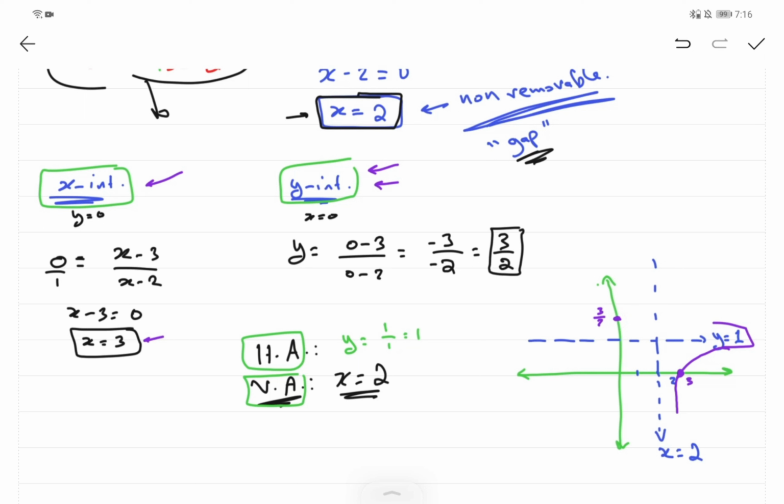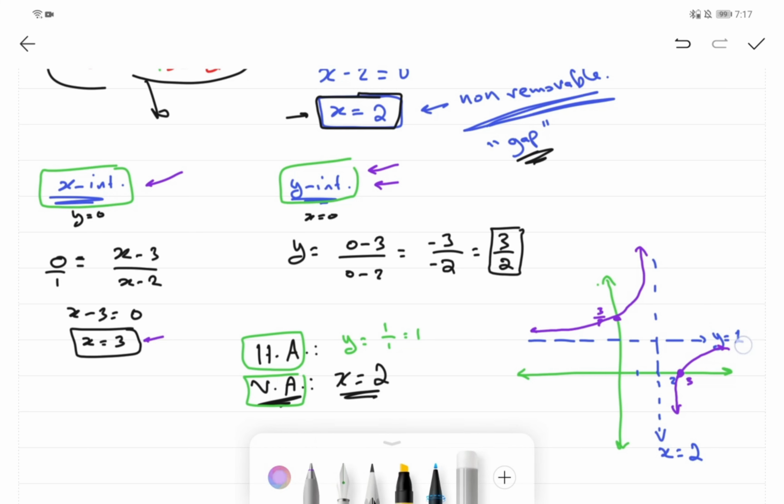So that's clear that the graph will be like this. Let me just fix this. It's going to be something like this.